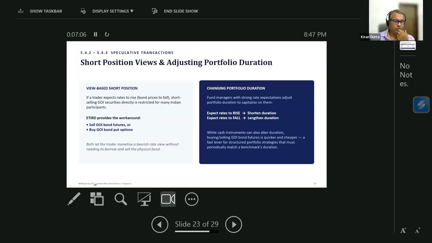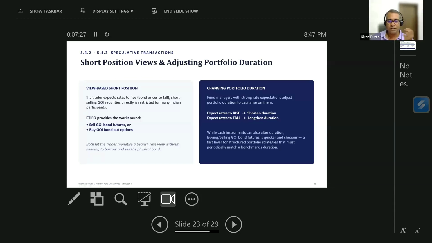Primarily, if the trader is expecting the bond prices to fall, what is he going to do? We discussed this: sell government bond futures and buy government bond put options. If fund managers with strong rate expectations adjust the portfolio and expect the rates to rise, they shorten the duration.